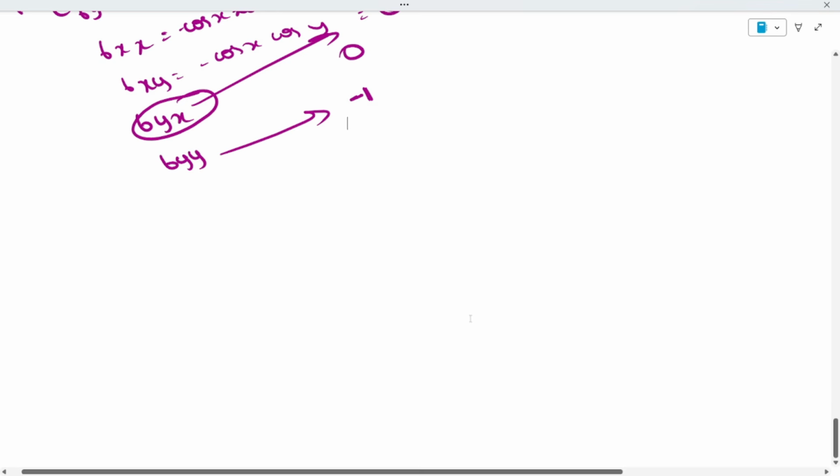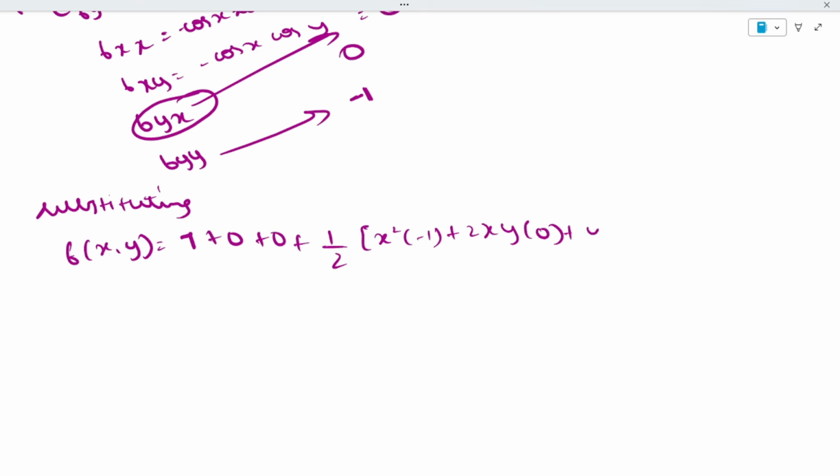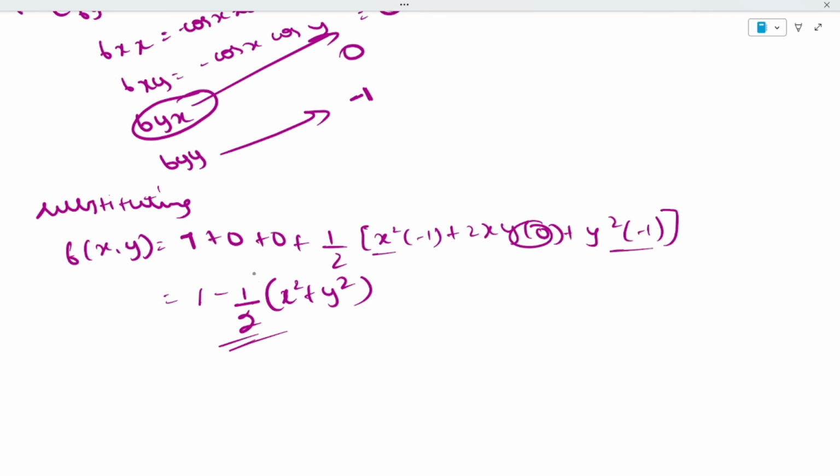Now if you substitute this in the formula, substituting f of 0, 0, you will get 1 plus 0 plus 0 plus 1 divided by 2 into x square of minus 1, x square of minus 1 to xy of 0 plus y square of minus 1. If you take out minus 1 divided by 2, here it will be x square plus y square. Here it is 0. This is the expansion.